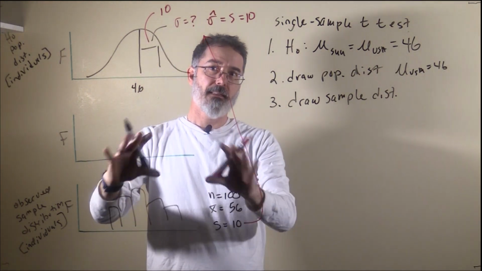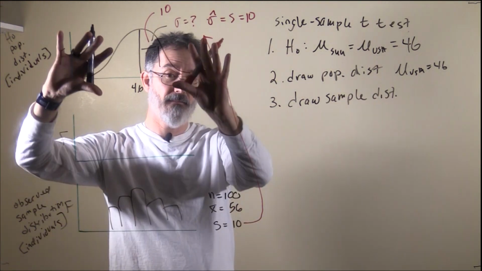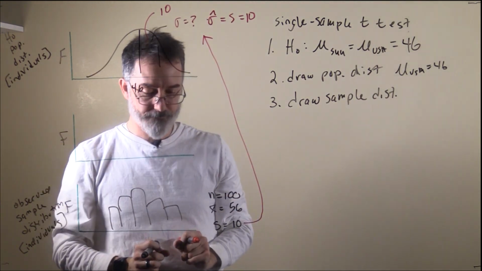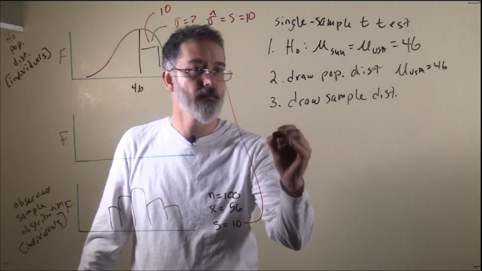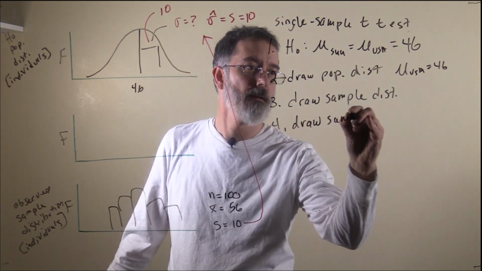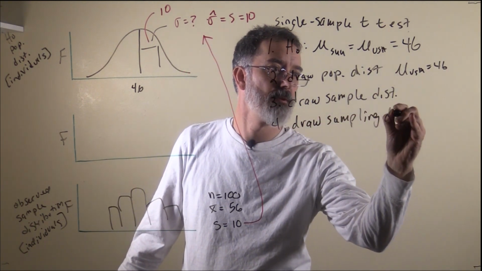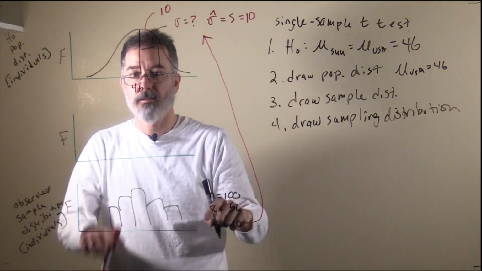And once that is done, pretty much everything else is going to be very similar to the z-test. And I'll point out where it's different. So the next thing we'll do is draw the sampling distribution. So that'll be here.